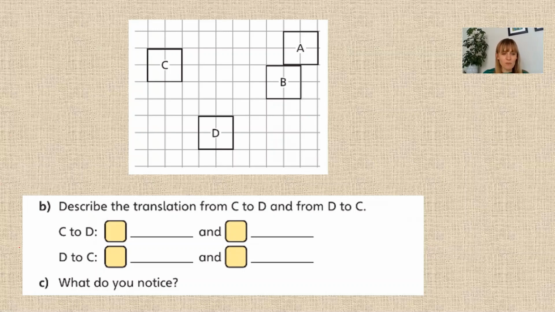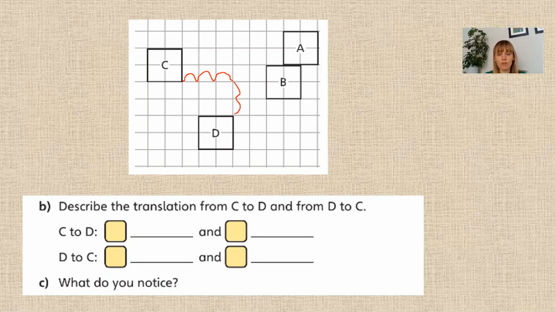The first part of the question is saying from C to D. So I'm going to look at this bottom vertex of C, and I'm going 1, 2, 3 right, and I'm shifting across this way, and then I'm coming 1, 2. Now, do I stop there? Some people stop there. Is that correct? No, it's not, is it?